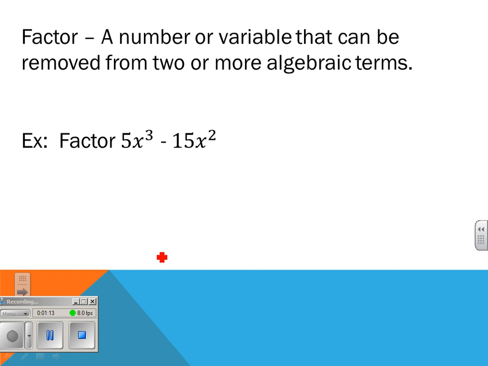Notice that you can get a 5 out of the first one and the second one, and they both have x's in them. How many x's can you get out of both? Well, each one has at least an x squared in it. So write down 5x squared, that's your common factor, and then in a parenthesis next to it goes what you are left with. So if I divide a 5x squared out of the first term, I'm left with x. If I divide it out of the second term, I'm left with negative 3.